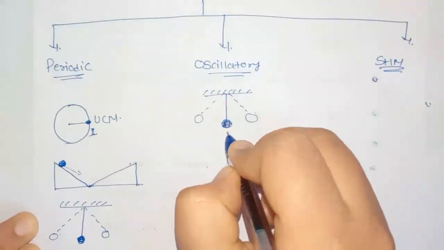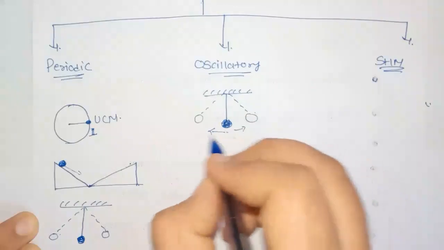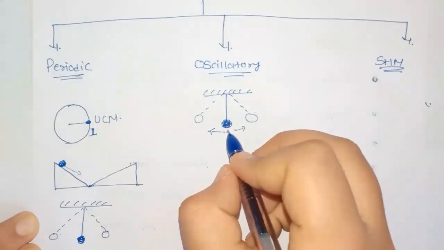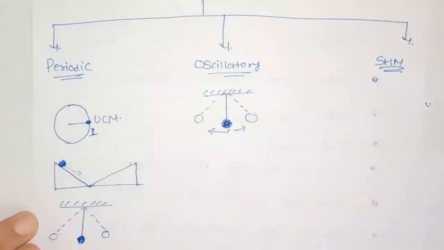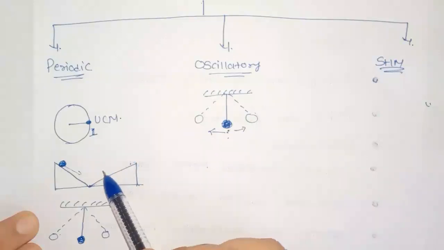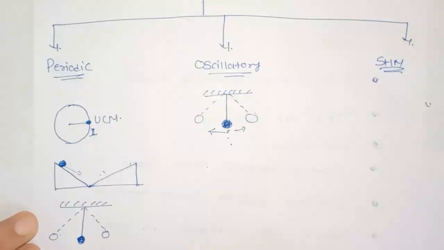This is the mean position of the pendulum. It will make to and fro motions about the mean position. So it is oscillatory motion. Remember, all oscillatory motions are periodic, but all periodic need not be oscillatory motions.